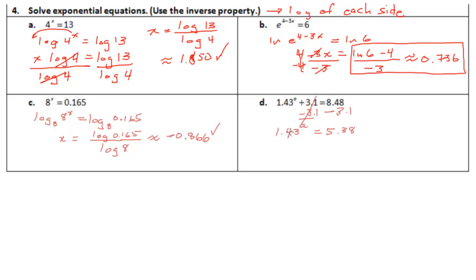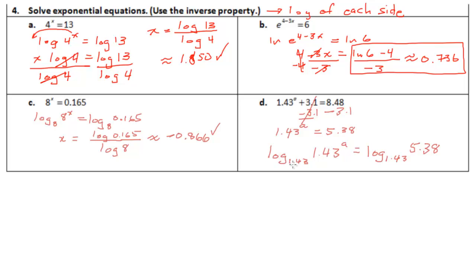What's the inverse of 1.43 to the a power? It's log base 1.43. It's kind of weird, but it's still legitimate. Log base 1.43 of 5.38. There is such a number. It does work.